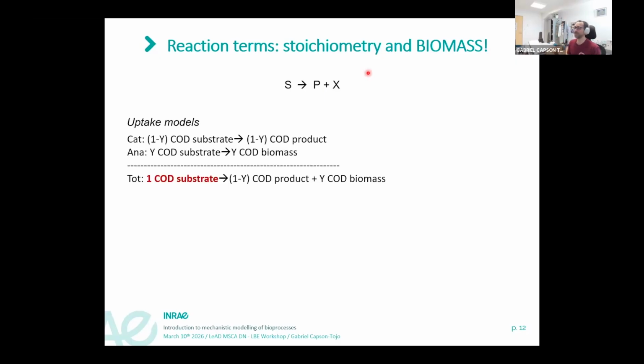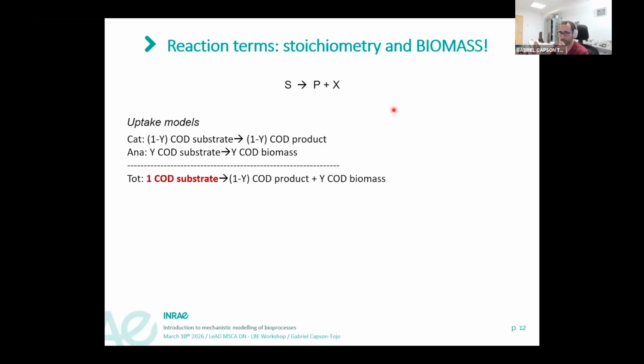Before I jump into the matrix, there are two considerations that we have to think about, and it might seem a bit counterintuitive. When you have a certain biomass growing on a given substrate, part of that substrate is going to go into your product, and another part is going to go into biomass that grows, right?